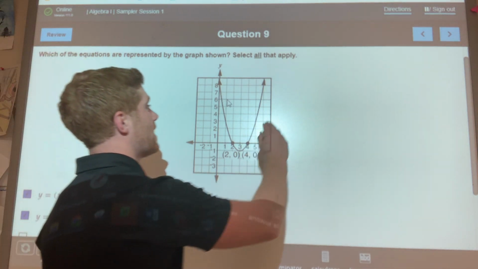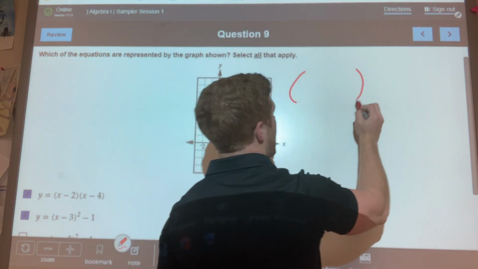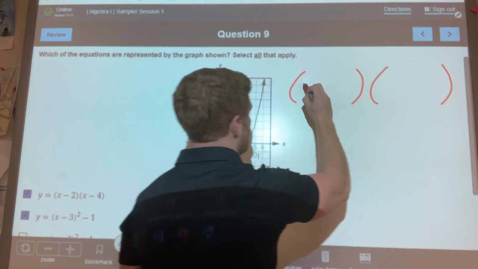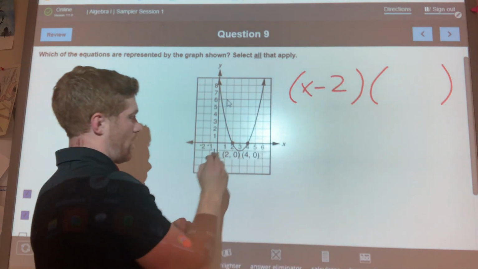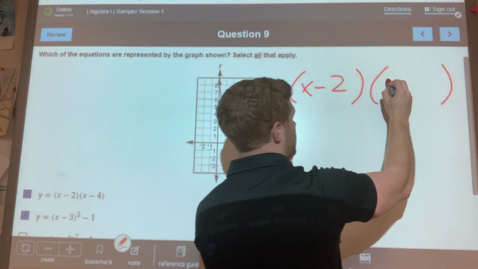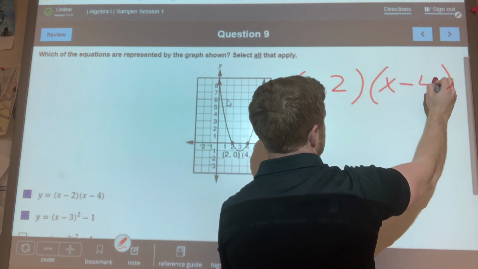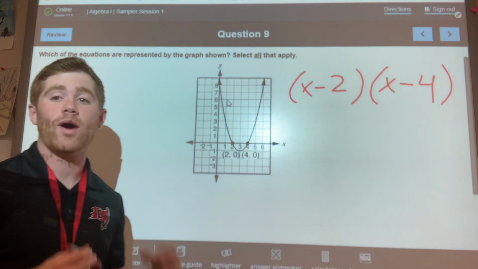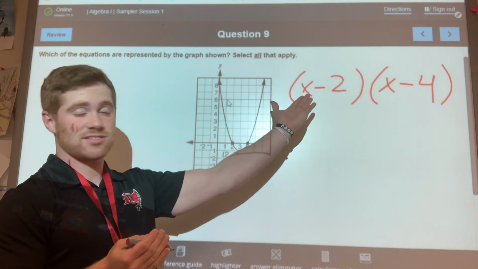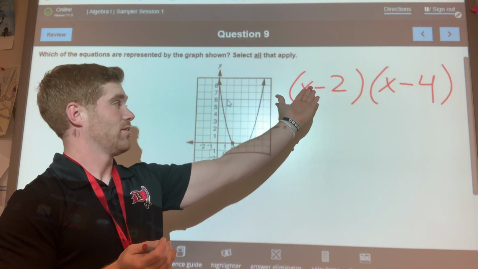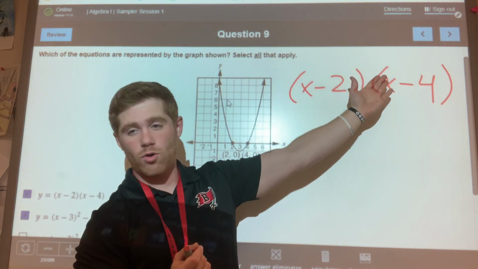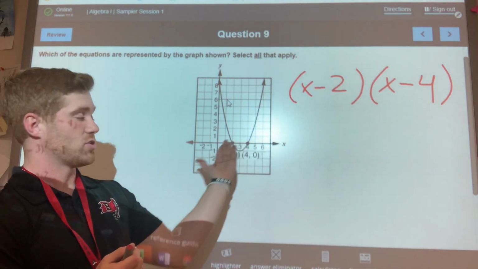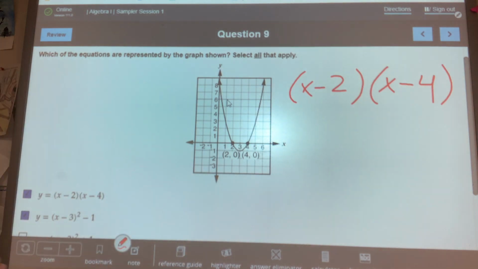So what that tells me is that I have zeros at (2, 0) and (4, 0). So I know my equation to this line has to look like this, because of the zero product rule, the x is 2 or the x is 4, because those are our zeros. So if I look at A, that is one of our answers.